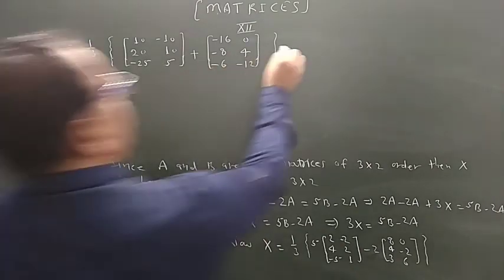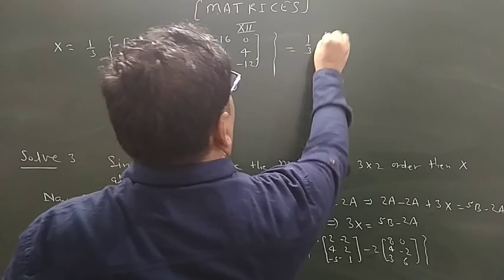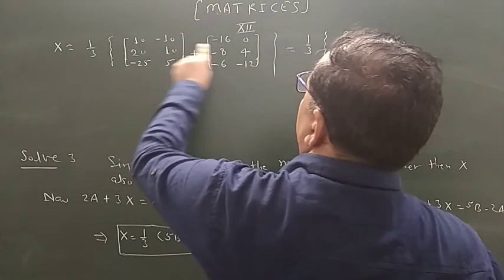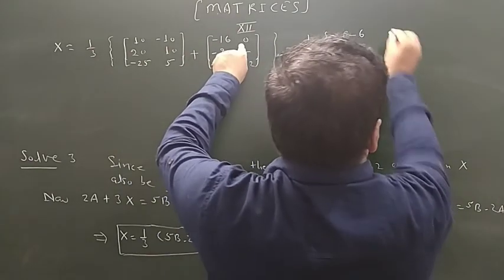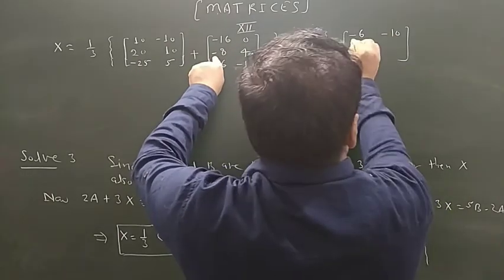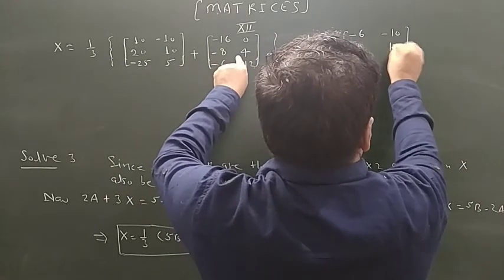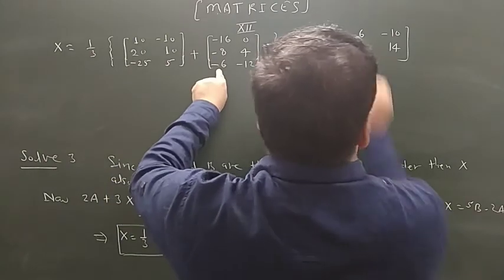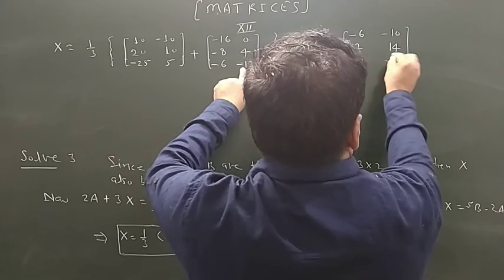Now next step, 1 upon 3 times the sum of these two matrices. 10 minus 16 becomes minus 6, minus 10 plus 0 becomes minus 10, 20 minus 8 is 12, 10 plus 4 is 14, minus 25 minus 6 is minus 31, and 5 minus 12 is minus 7.